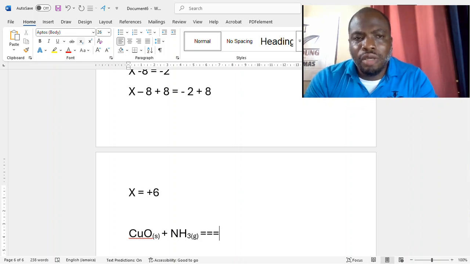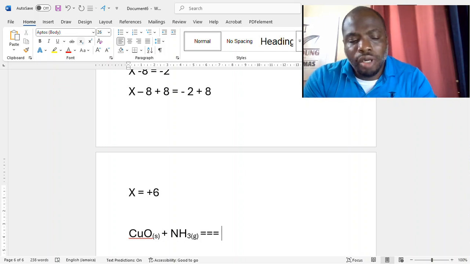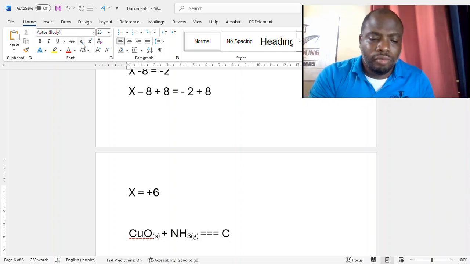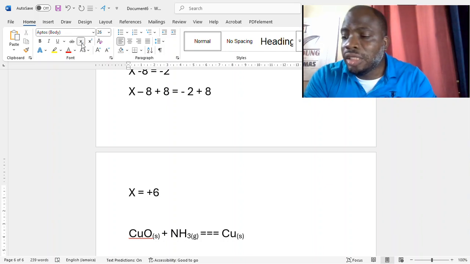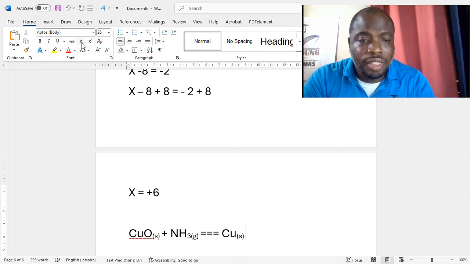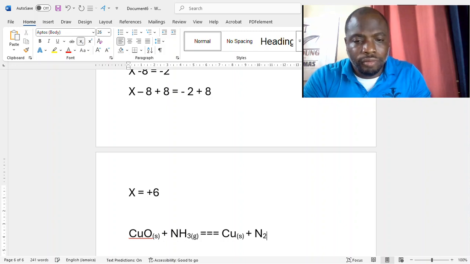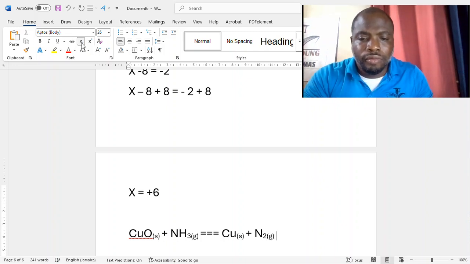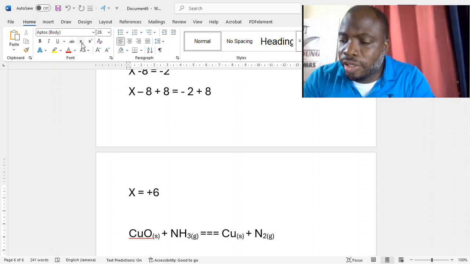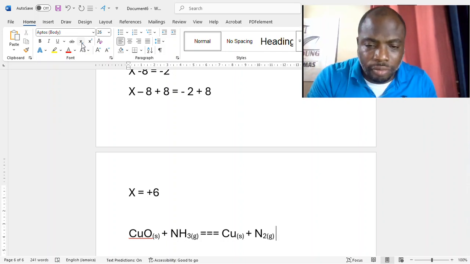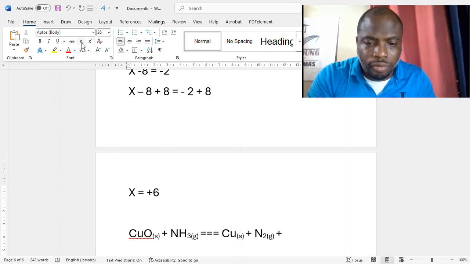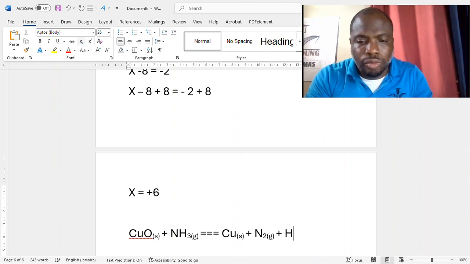So where you see those three equal signs, that's where your reaction arrow will be. All right. We're going to be getting copper solid and also nitrogen gas. And of course, water, H2O.